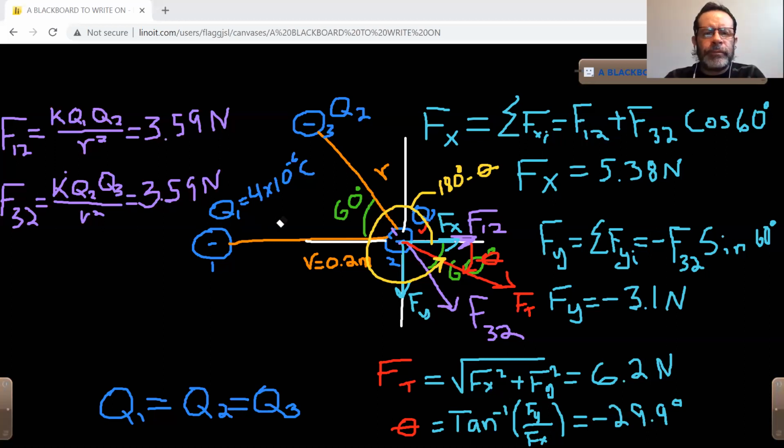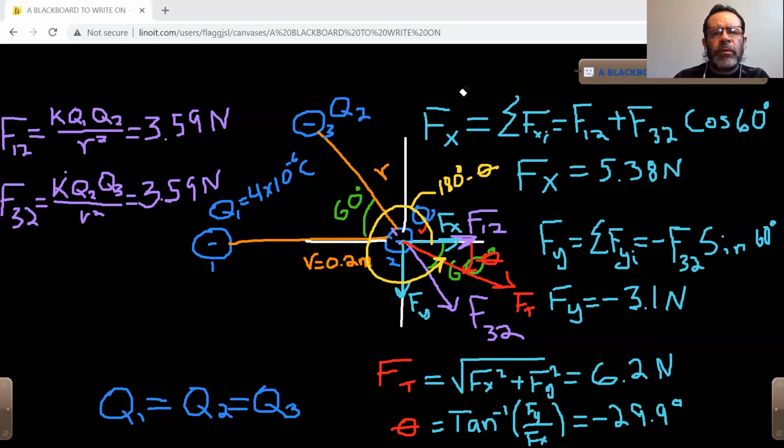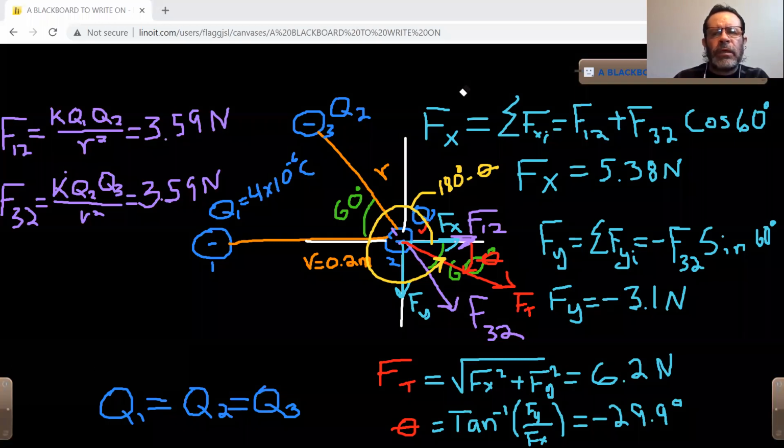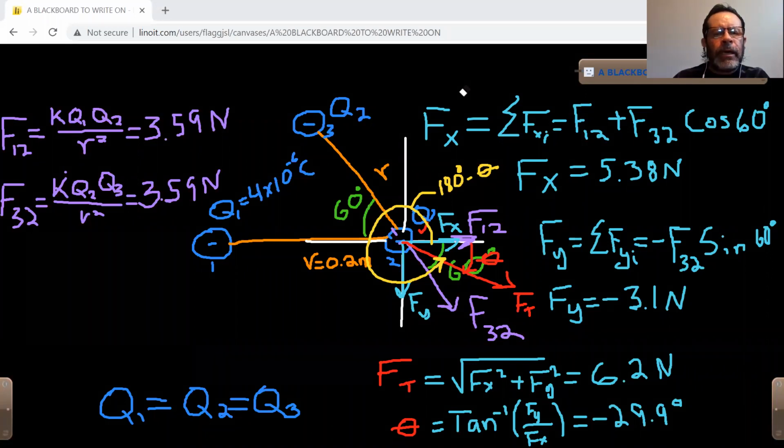Okay, so if this is clear, then what we're going to do is the following. I'm going to give you a couple of minutes to do this individually, to try to do the same thing, but with Q1 and Q3.